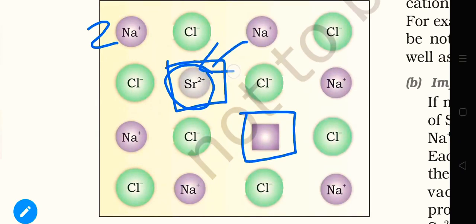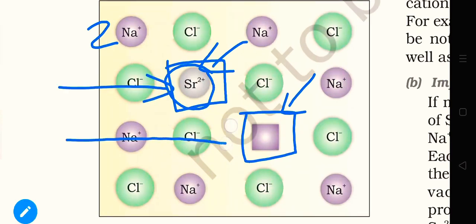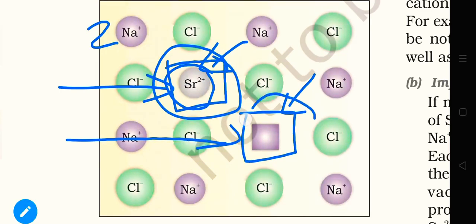Out of these two locations, one is occupied by the added Sr2 plus, but the second location will be empty. So it will create a vacancy defect at the second cation location. This is the example of impurity defect. By the addition of impurity, you will create some vacancy defects as well.